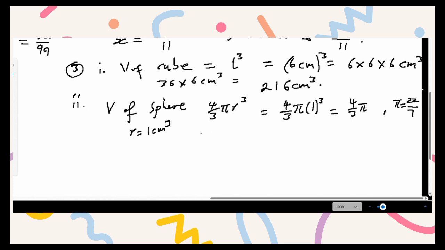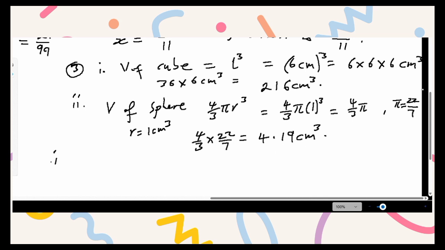So we can do substitution for pi. 4/3 times 22/7 is going to give us approximately 4.19 centimeters cubed. Okay, so the volume of one sphere is 4.19 centimeters cubed.